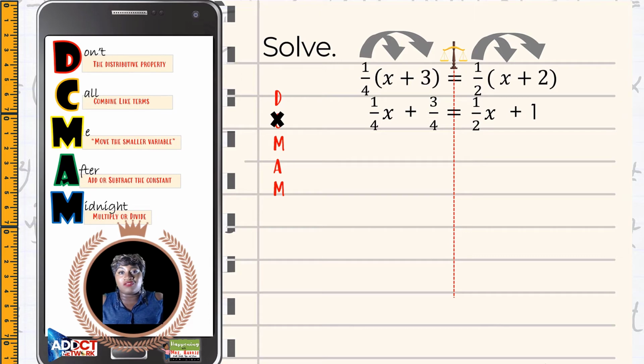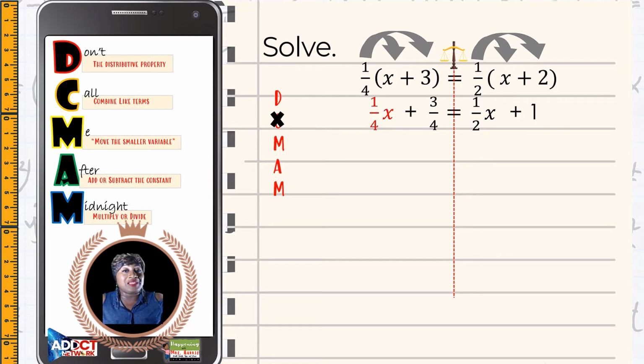That helps to alleviate any negatives, or as many negatives as possible. Okay, so 1/4 x is on the left side, 1/2 x is on the right side of the equal sign. 1/4 x is smaller than 1/2 x. The coefficient 1/4 is smaller than the coefficient 1/2.